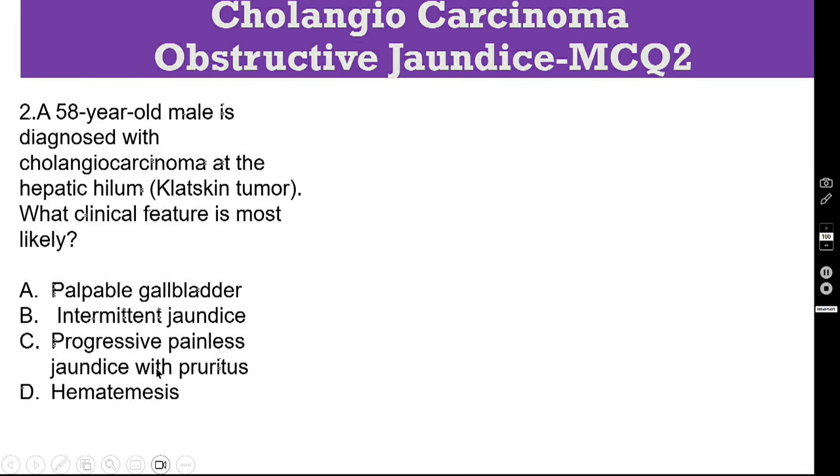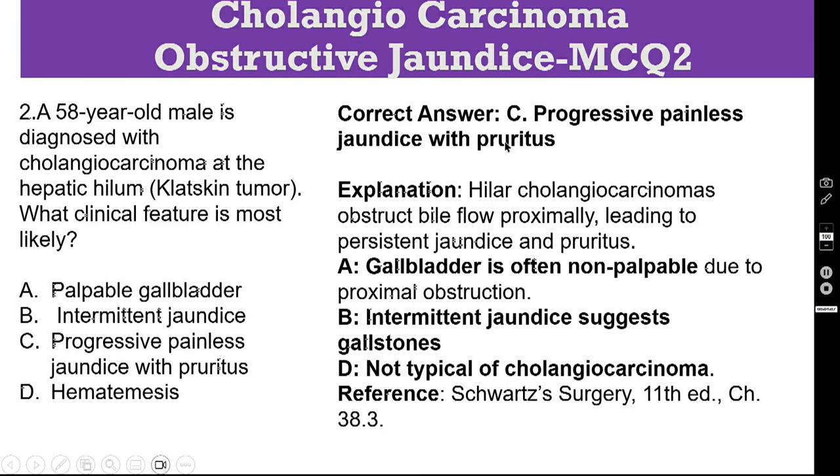C. Progressive painless jaundice with pruritus. And D. Hematemesis. Of course, the correct answer is C. Progressive painless jaundice with pruritus, because the hilar cholangiocarcinomas obstruct bile flow proximally, leading to persistent jaundice and pruritus.